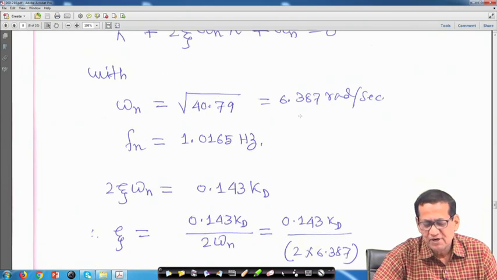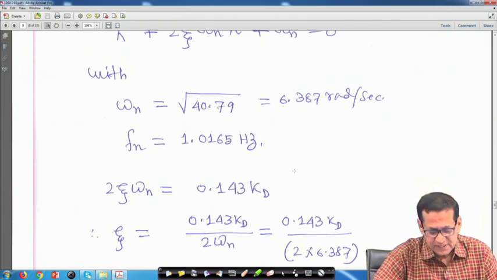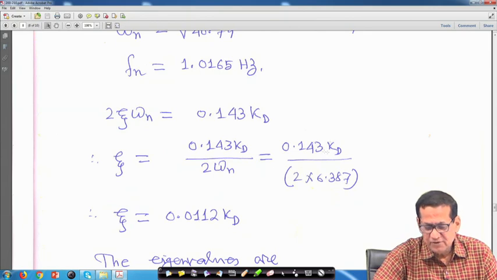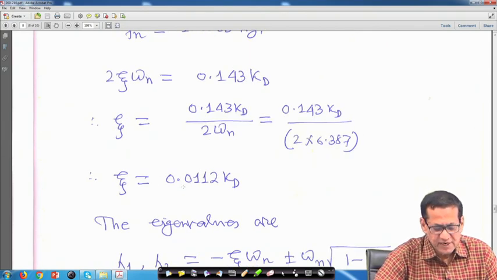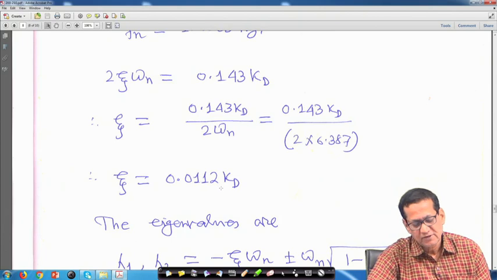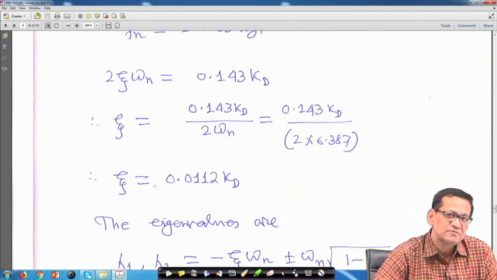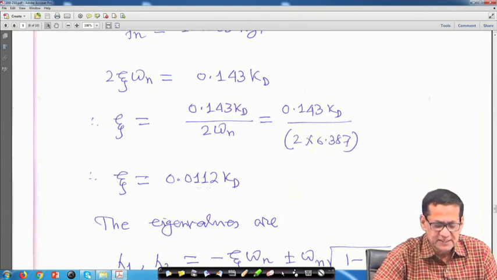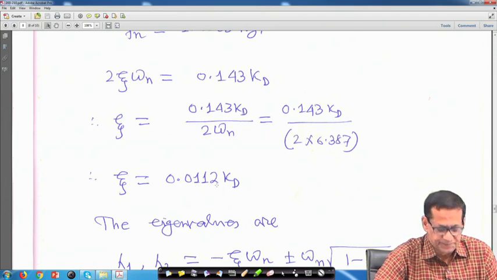Since omega n is 6.387, xi is equal to 0.143 k d upon 2 into 6.387, and this comes to 0.0112 k d. Now, if you put k d is equal to 10, it will be 0.112; if k d is equal to 0, then xi will be 0; if k d is equal to minus 10, it will be minus 0.112.